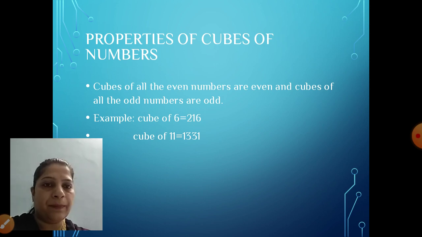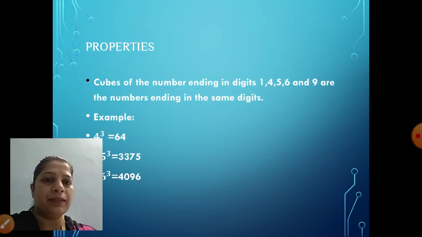Cube of 6: 6 is an even number, and cube of 6 is 216, that is also an even number. Cube of 11: 11 is an odd number, and cube of 11 is 1331, that is again an odd number. So cube of an even number is even, cube of an odd number is odd. This is the very first property of the cubes of numbers.